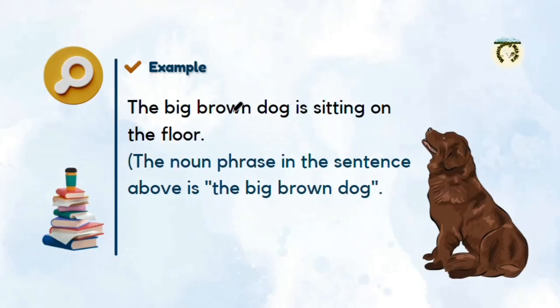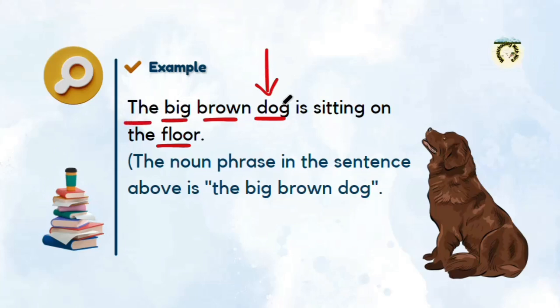If I say, the big brown dog is sitting on the floor, can you find the noun in this sentence? Dog is a noun, floor is also a noun, but we are talking about dog for now. Now let's check, do we have any words that are describing the dog? Yes, we have the word brown, we have the word big, and also the.